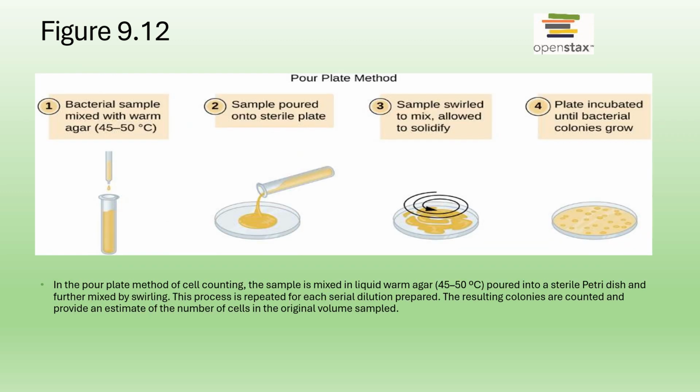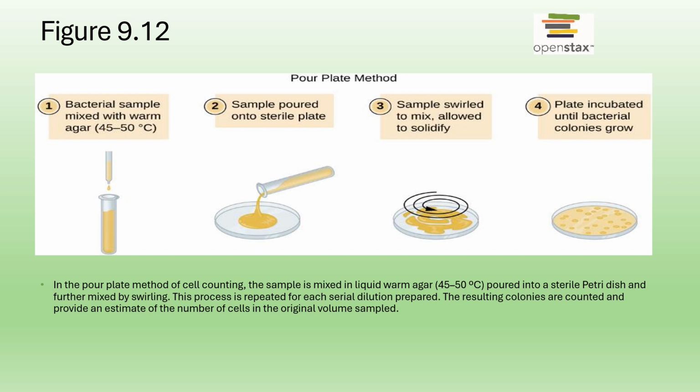So you've done your dilution. If you do a pour plate, what you do is you have taken that sample and you will mix it. Typically what we do is we'll have test tubes in a water bath that is kept, typically for us, around 50 to 60 degrees Celsius.